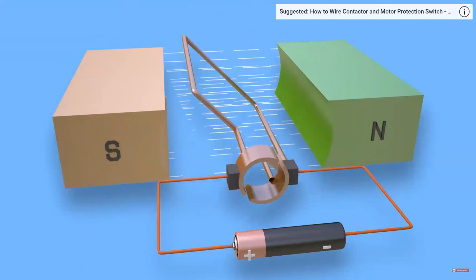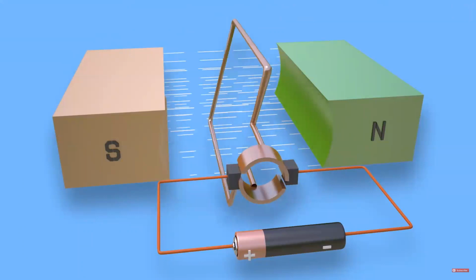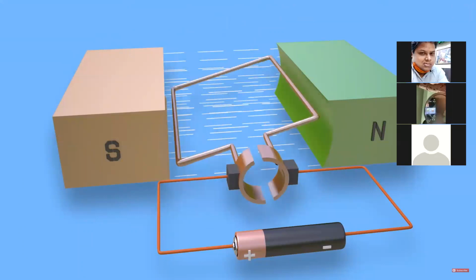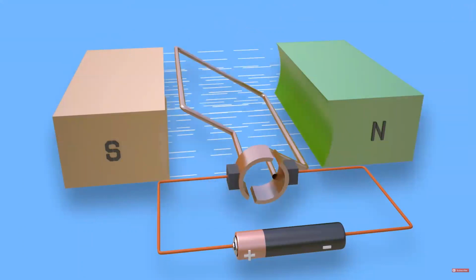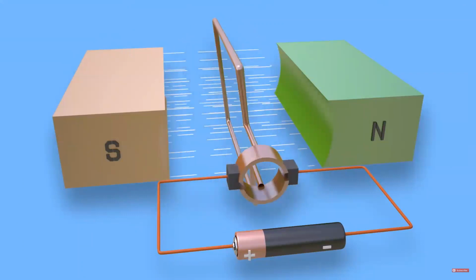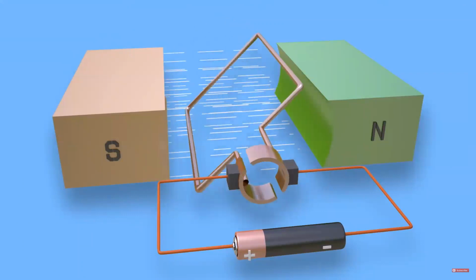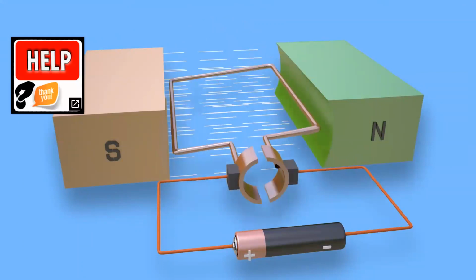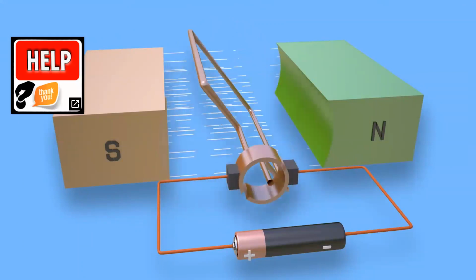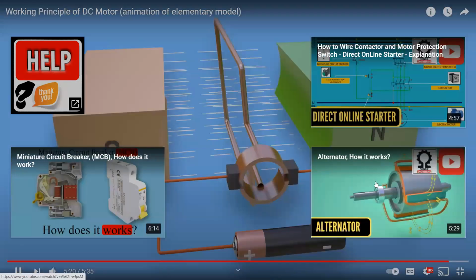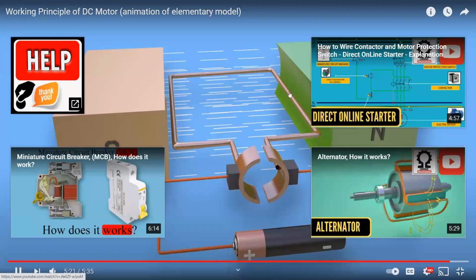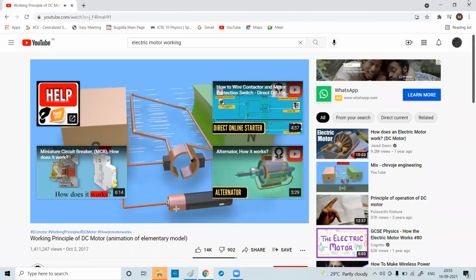And continuously these forces make the turn rotate, even if the battery is not connected. A DC motor rotates on the same principle as this elementary model. Instead of a single turn, in a DC motor we have many turns on the armature coil, and instead of 2 poles, there are a number of poles.